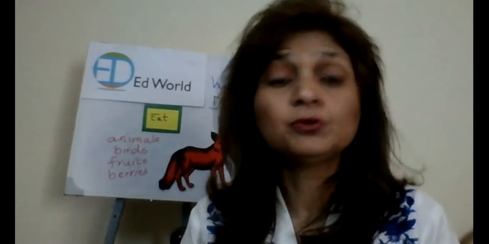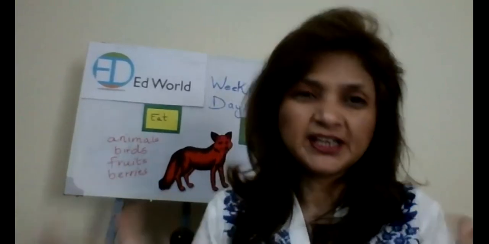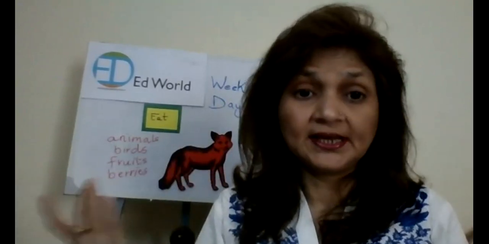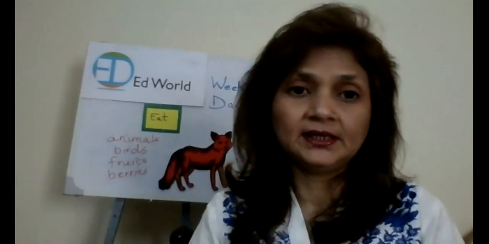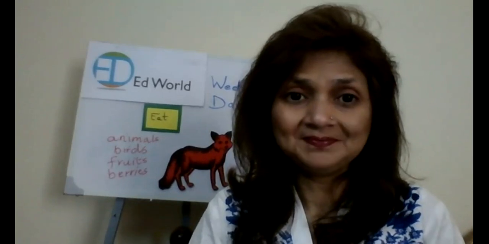So for that, they have to hunt for food. So what do they do? They dig in the dustbin, they find some leftovers over there, they find some dead animals, and they find some pigeons and rats, and then they eat that, and fruits also. Right? Do you understand?